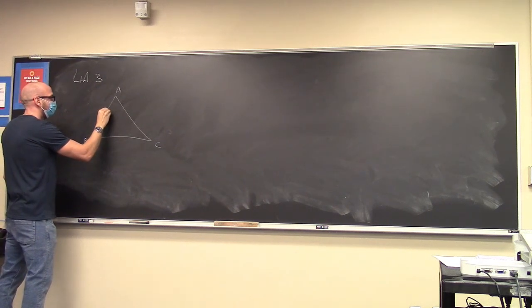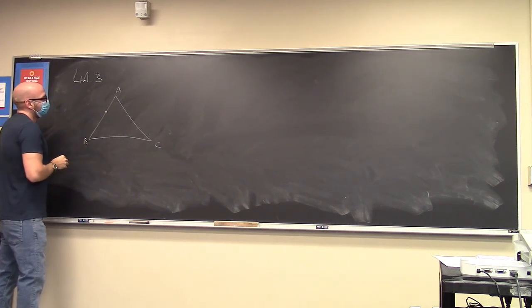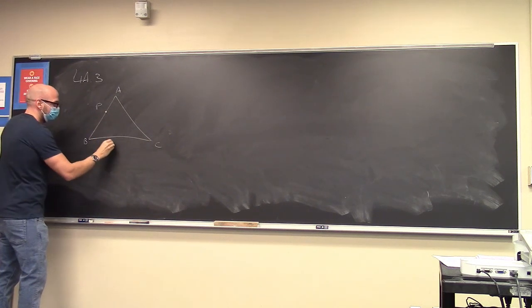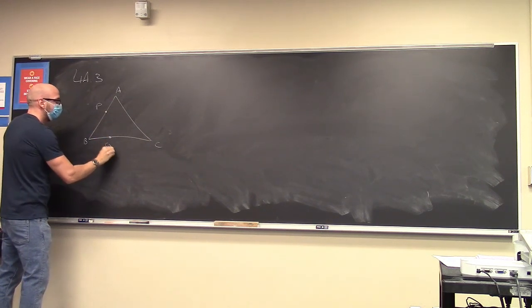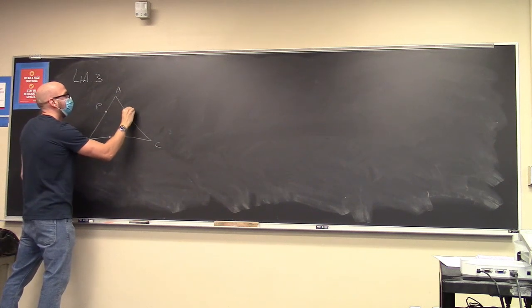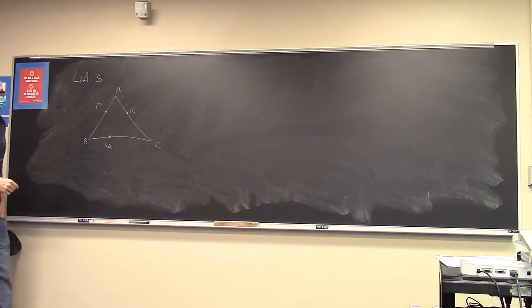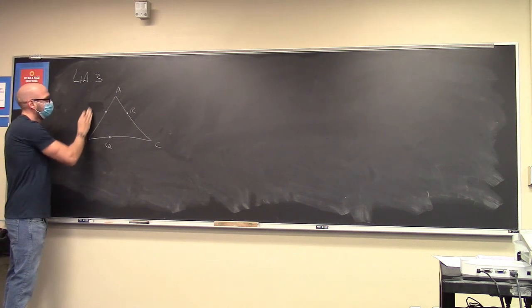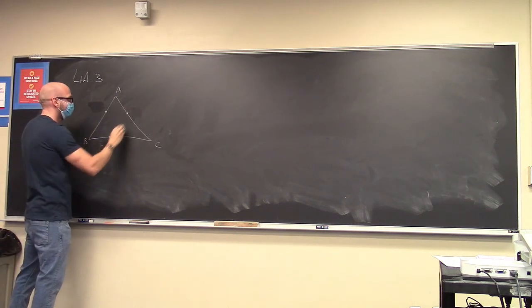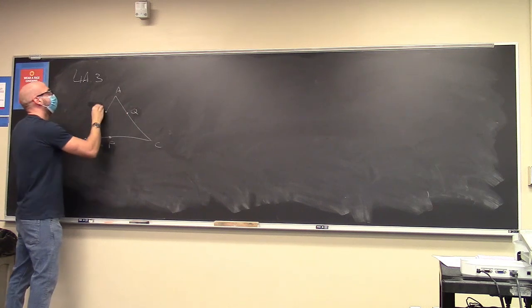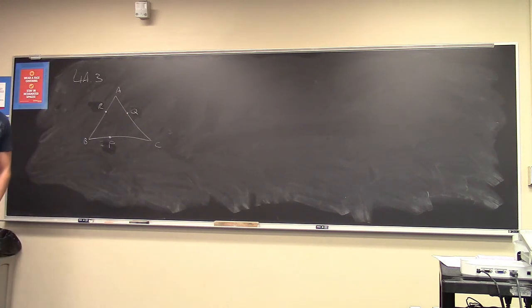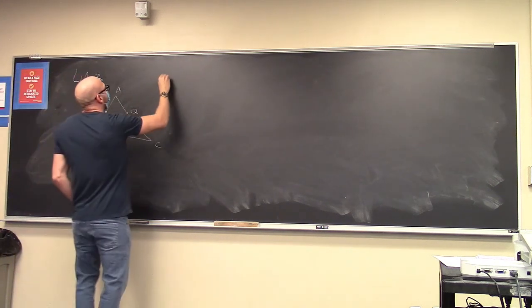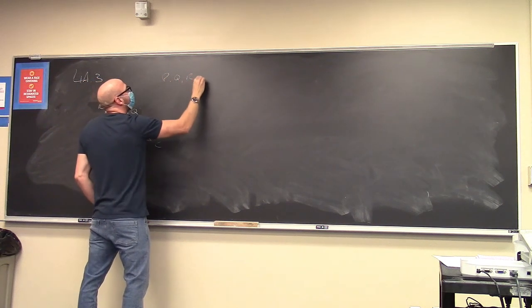Maybe I'll call them P, Q, and R. Not in this order, so let's go this way: P, Q, R. There we go. So P, Q, R, points of tangency.